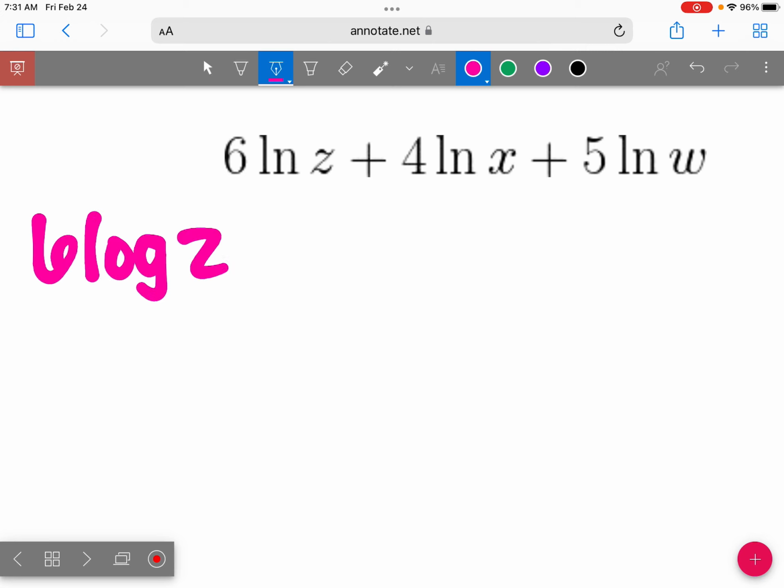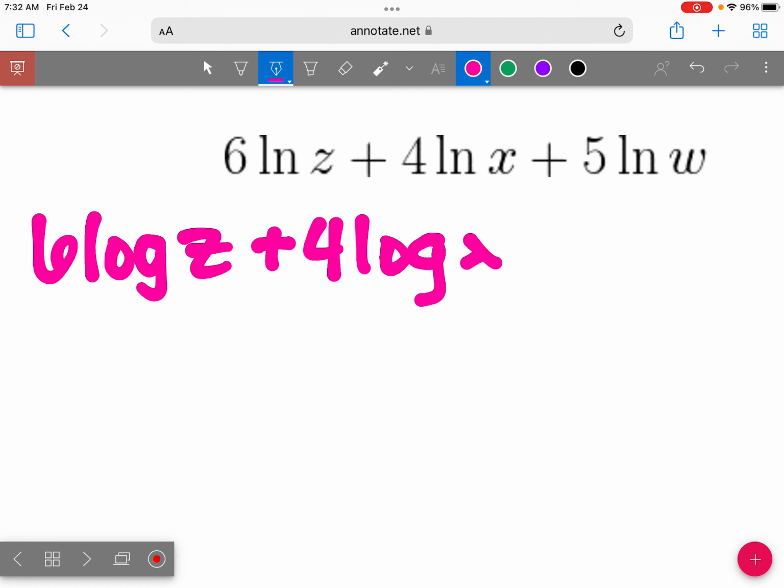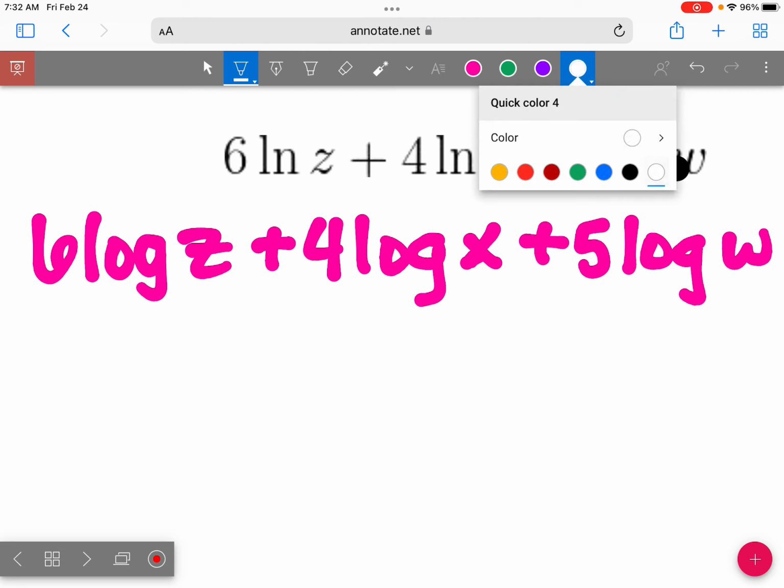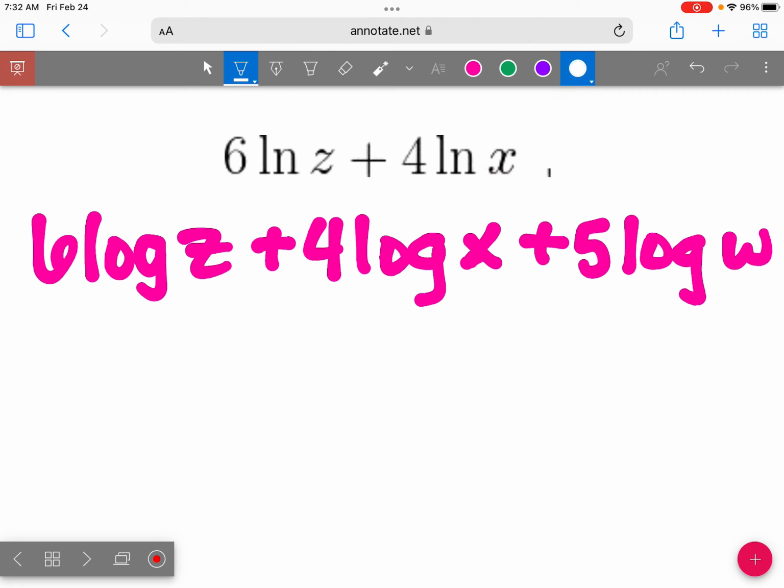Log of z plus 4 log of x plus 5 log of w. Okay. So rewrite as that because right now we don't know the natural log, and I don't want you guys getting too stumped by that. So forget about that. Okay?